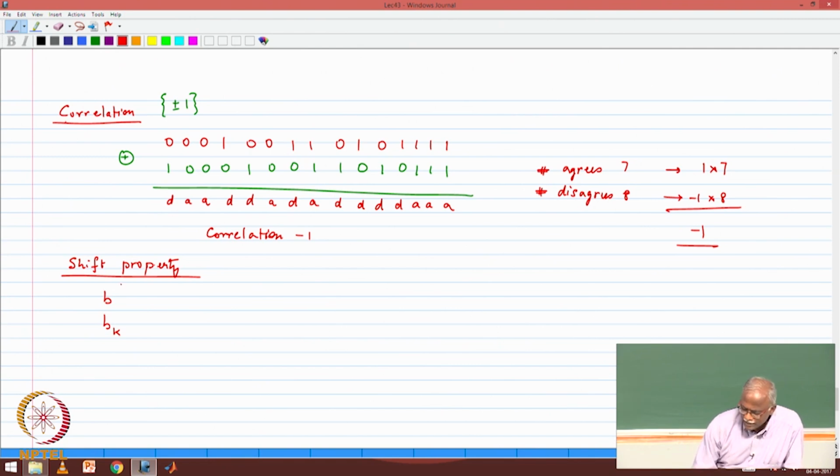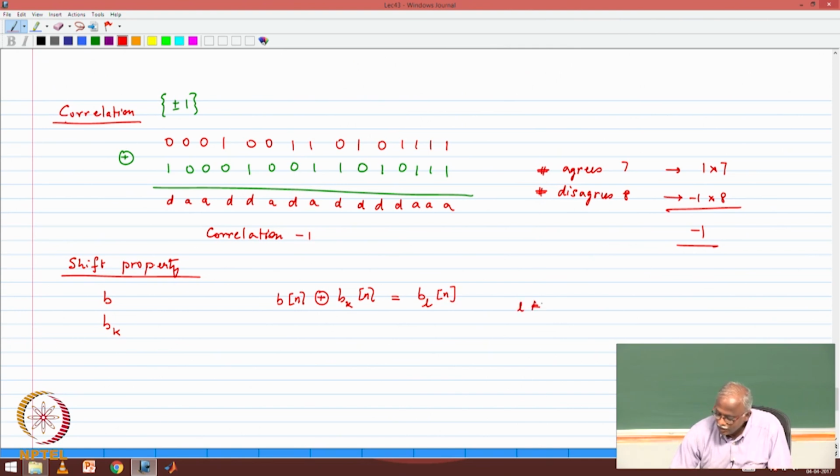Okay. So basically, if I now do B of n, that is each of those bits, exclusive OR with B_K of n, that means it's another sequence which has been right shifted. This will come out to be B subscript L of n, where L is not equal to K. It will come out to be another cyclic shift of the original sequence. So the sequence plus a cyclic shift will give you another cyclic shift.